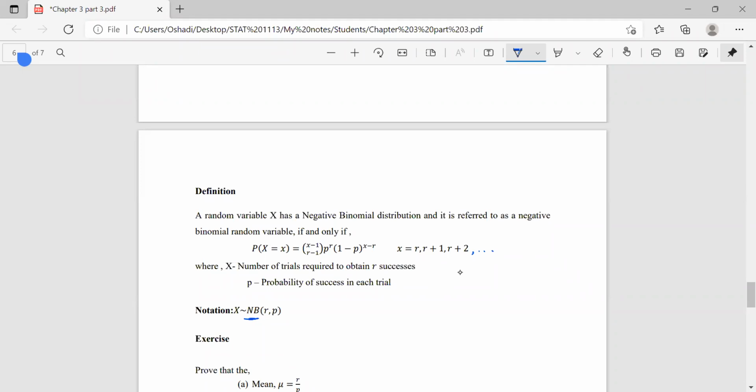And in the binomial, we denote it as bin N, p, where N is the number of trials, which is fixed, and then the probability of success in each trial. So here, in the notation, the parameters are r and p. r is the number of successes.